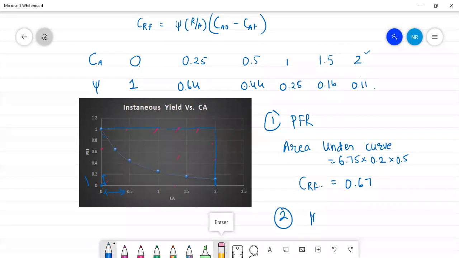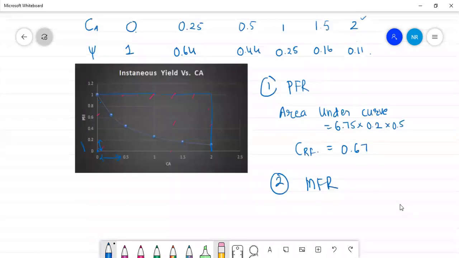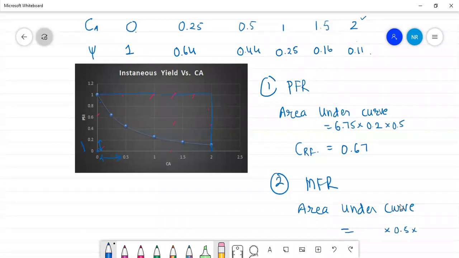For MFR, area under the curve is equal to 0.5 multiplied by 0.2. Approximately 20 boxes. Well, we are saying it's 20 boxes.